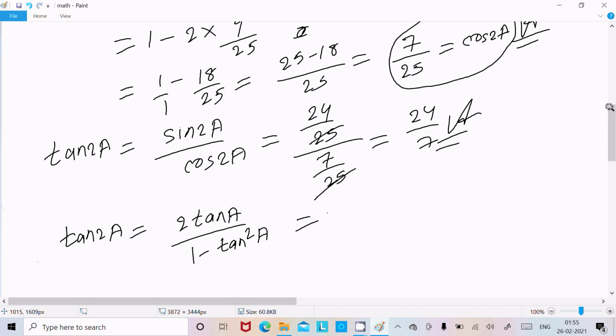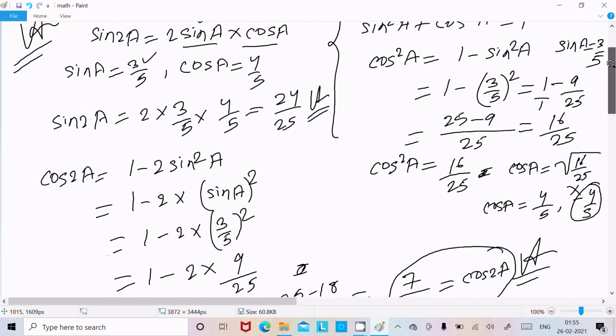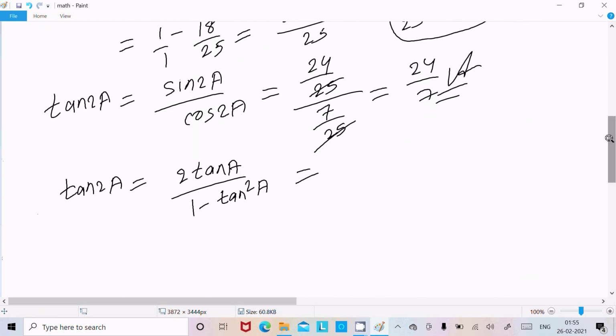And calculated sin A and cos A. So here if I calculate tan A equal to sin A by cos A, 3 by 5 divided by 4 by 5, then it comes 3 by 4. Okay, so here the value of tan A equal to 3 by 4.